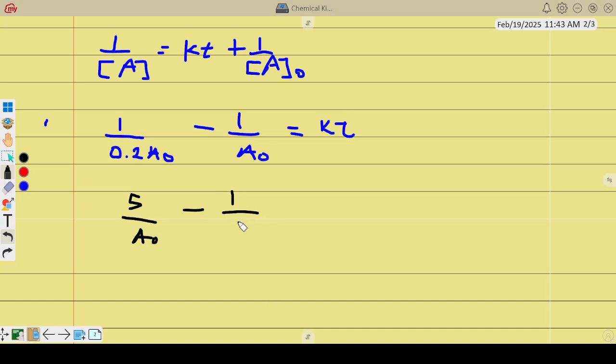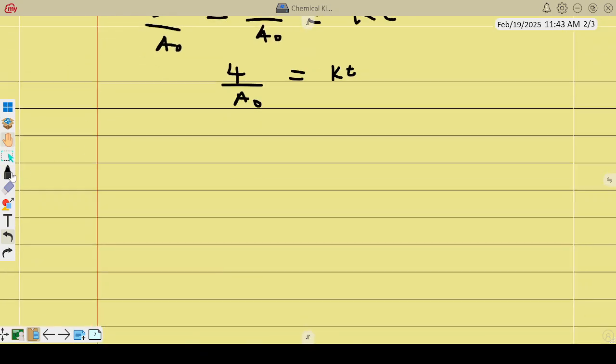So 5 over a naught minus 1 over a naught is equal to kt. So 5 minus 1, it's 4. So 4 over a naught is equal to kt. So we're finding the time. We're going to make t the subject of the formula. So this will be over k. Even here, we divide by k.